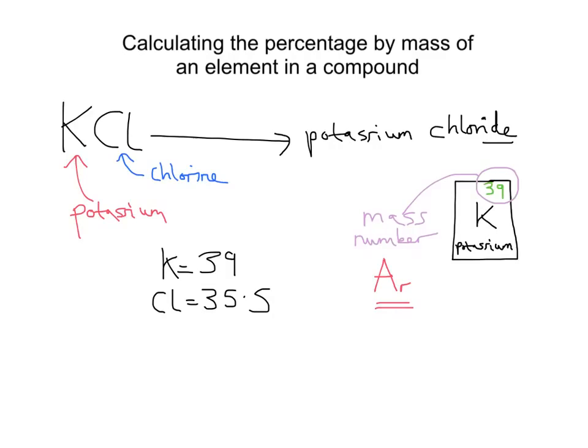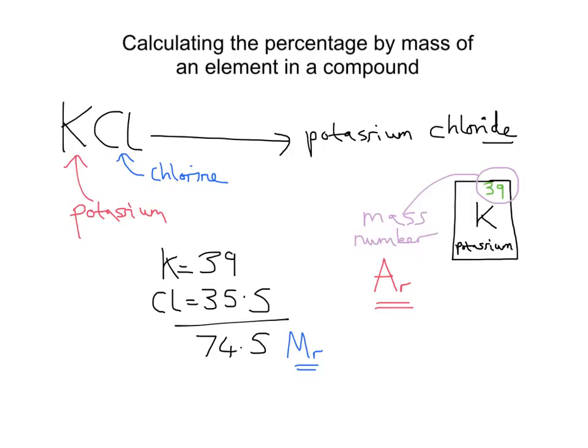So the relative formula mass we find just by adding them all up together, and that comes to a total of 74.5. We give that the symbol Mr. So Ar is the relative atomic mass, which is just the mass number of essentially one element, and the Mr is the relative formula mass, the mass of the whole compound, every element of that compound added up together.